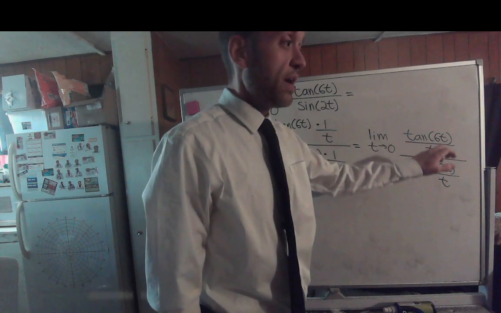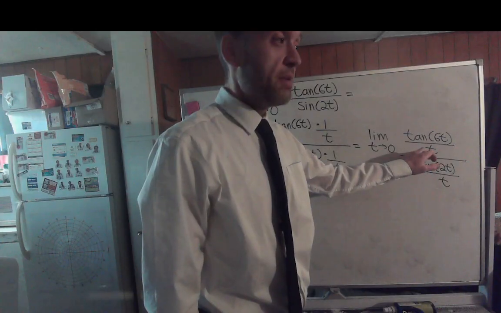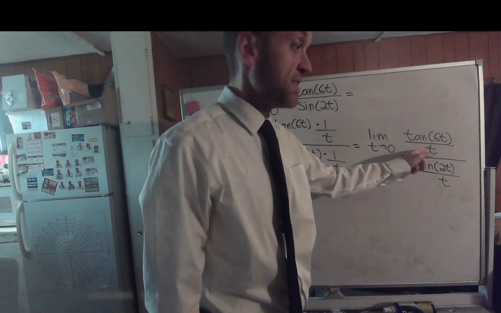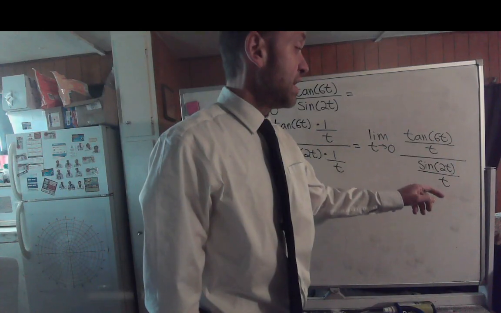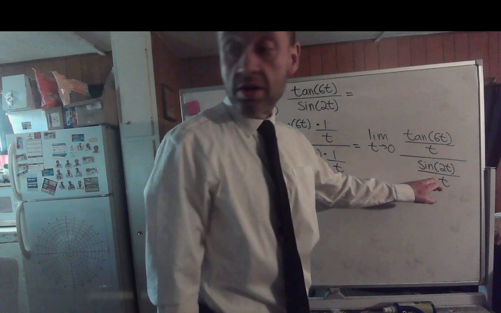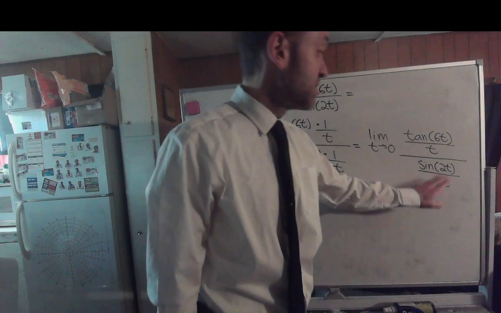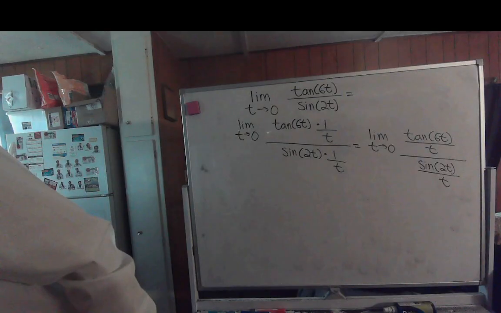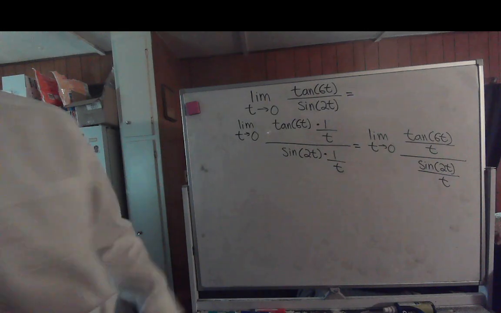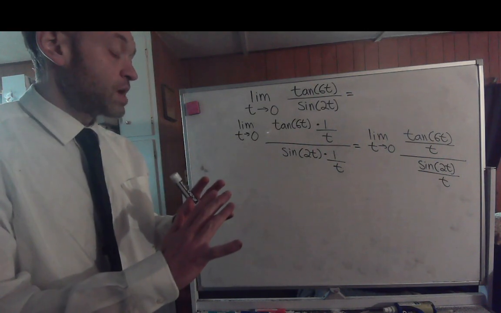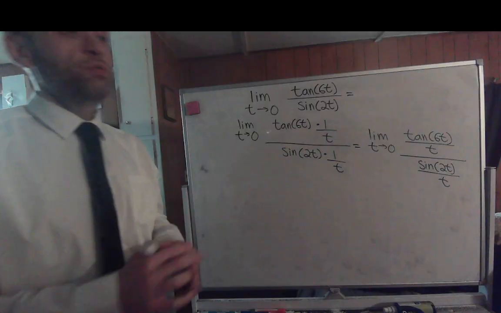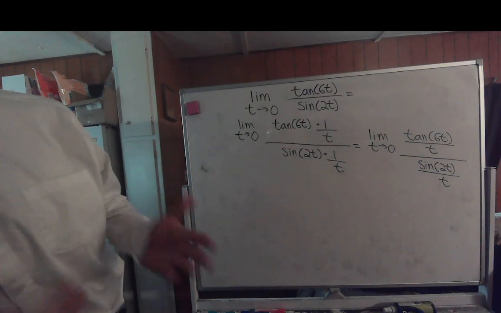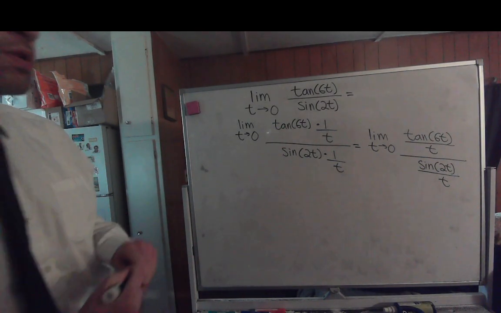Well, we're almost there. The thing is, the t in the denominator of the numerator needs to be a 6t, and the t in the denominator of the denominator needs to be a 2t. So how do we do that? We have to again multiply numerator and denominator by 1.